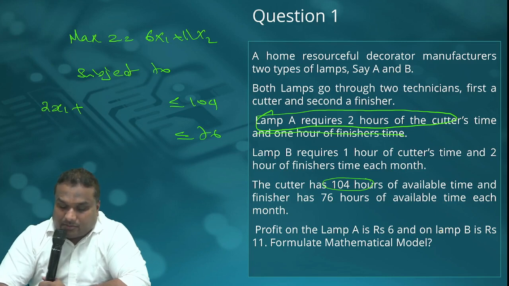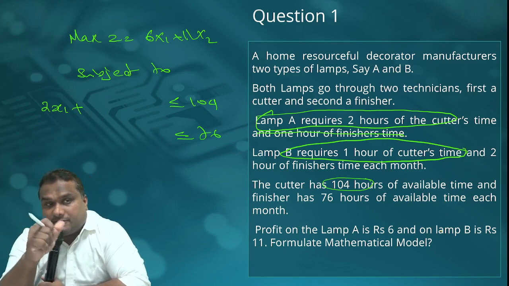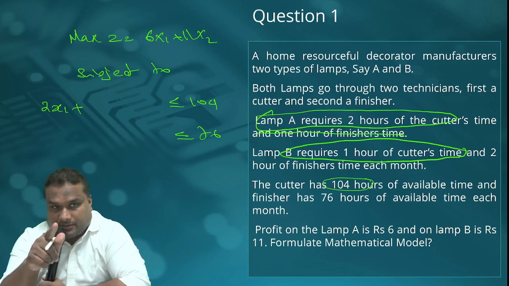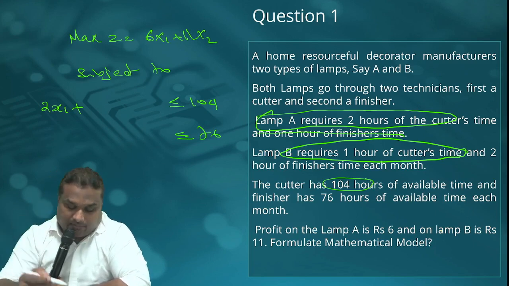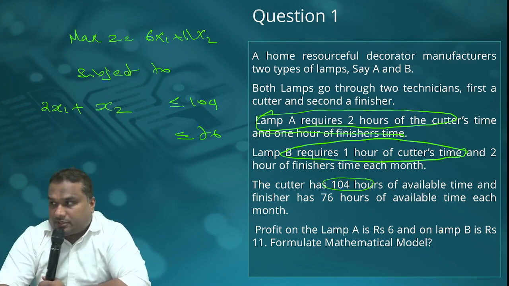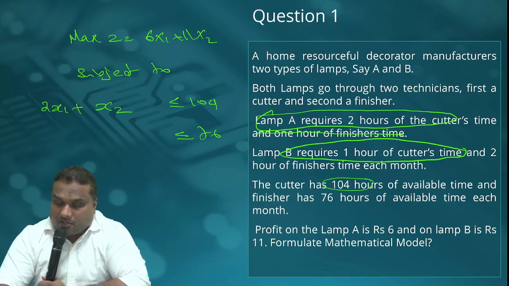Lamb B requires 1 hour of cutter's time. Is lamb B x1 or x2? It is x2. So, 2x1 plus x2 is less than or equal to 104.